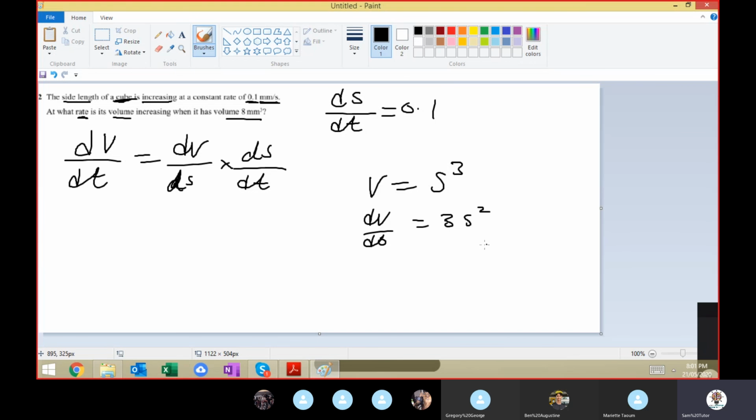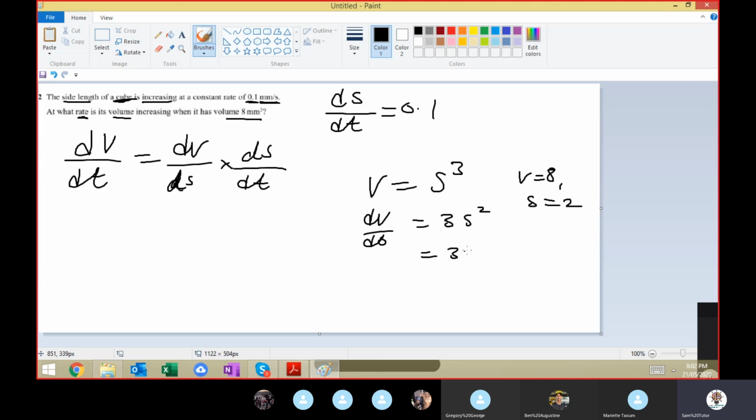If you guys do it the way I keep showing it to you, I can make it very, very easy. dV on ds is 3s squared, but when its volume is 8, side length is 2.